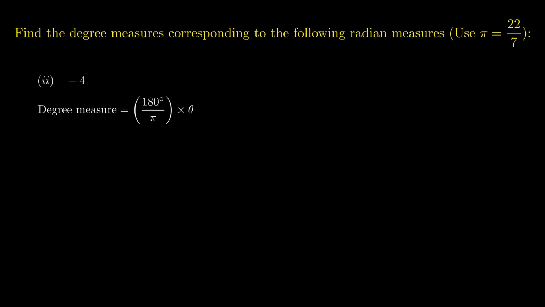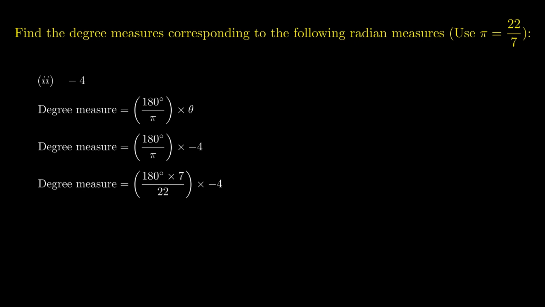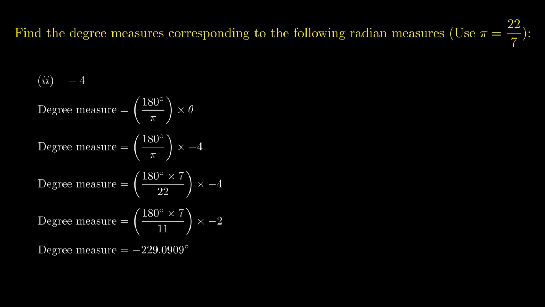So now we have minus 4 radians to be converted to degrees. Let's, as usual, write the formula. So the degree measure we got here is minus 229.0909 degrees. Let's convert the fractional degree into degree, minutes and seconds format.